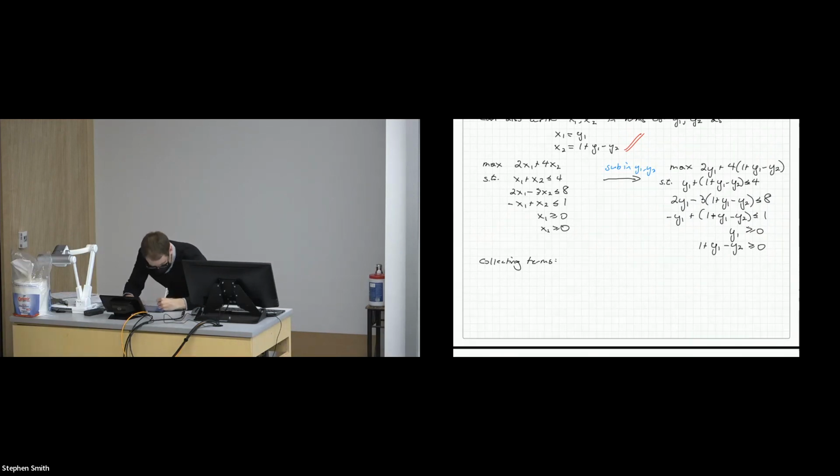We get maximize 4 plus 6y1 minus 4y2, subject to the constraints 2y1 minus y2 is less than or equal to 3, negative y1 plus 3y2 less than or equal to 11. y2 is greater than or equal to 0. y1 is greater than or equal to 0.